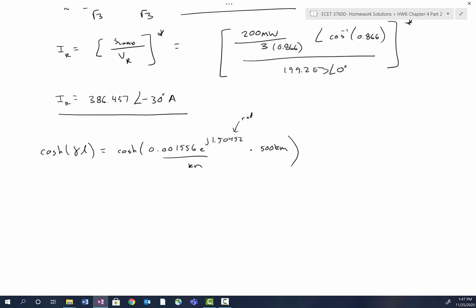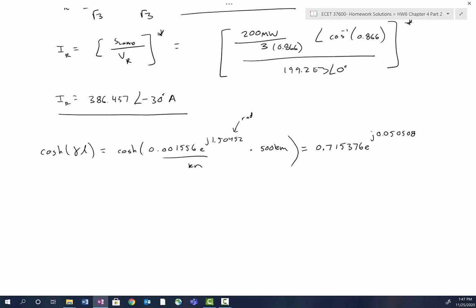But you throw this into your favorite scientific calculator and you should get the number 0.715376 e^j0.050508 radians. That is a unitless number, but we do want to convert it over into polar form using degrees, because that's what we tend to think of as electrical engineers, at least I do.